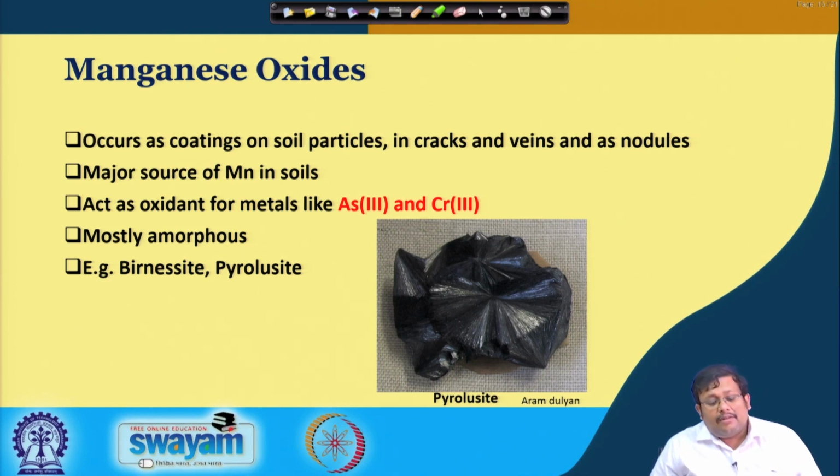They act as an oxidant for metals like arsenic or chromium, and they are mostly amorphous. Examples are birnessite as well as pyrolusite. So, this is an example of pyrolusite, which is one of the most prevalent manganese oxides in the earth crust.